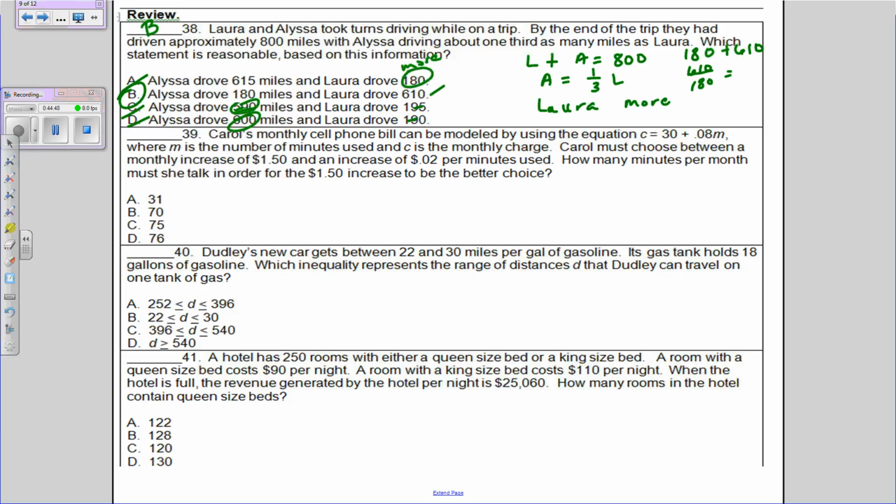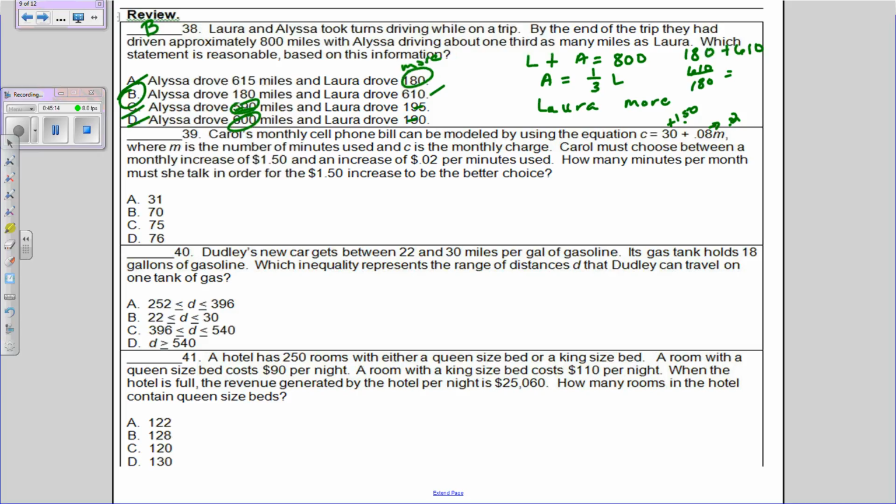So I'm either going to add $1.50 here, or I'm going to add 2 cents here, and we want to know how many minutes per month to make the $1.50 increase to be a better choice.